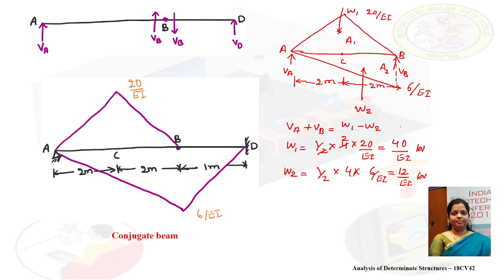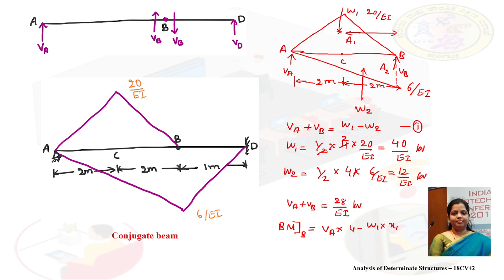Substituting W1 and W2 in the above equation, that is equation 1, we will get VA plus VB is equal to 28 by EI kilonewton. Considering bending moment at B, VA into 4 meter minus W1 into X1.